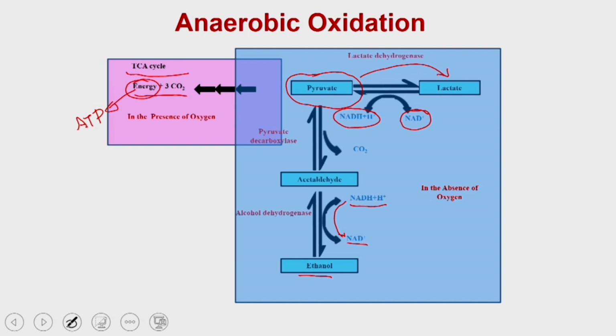These pathways which operate in the absence of oxygen are called anaerobic oxidation. Let us discuss these 2 reactions separately and understand the significance of anaerobic oxidation in the metabolic pathway.